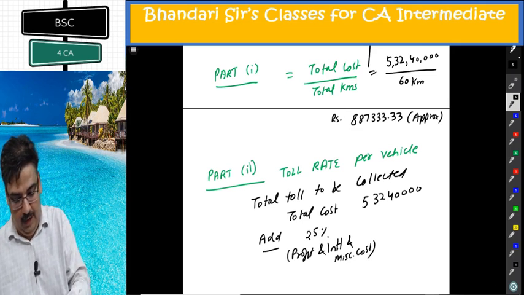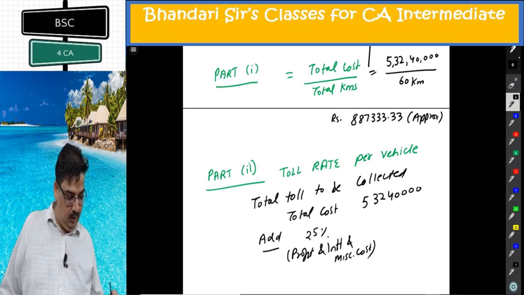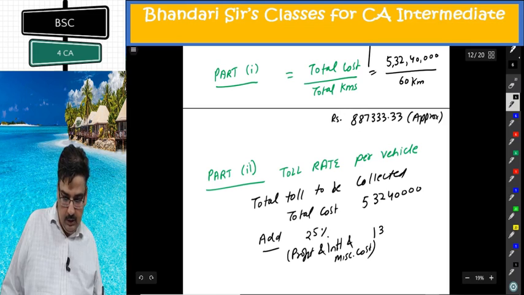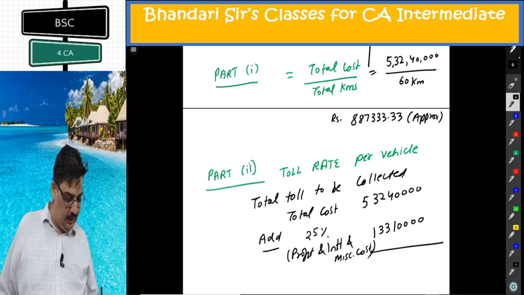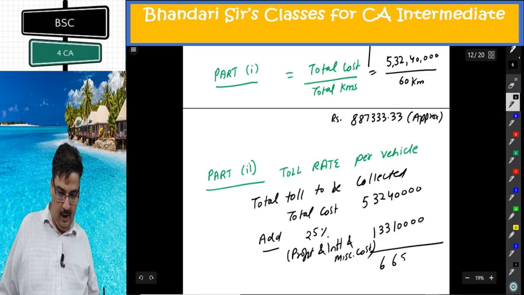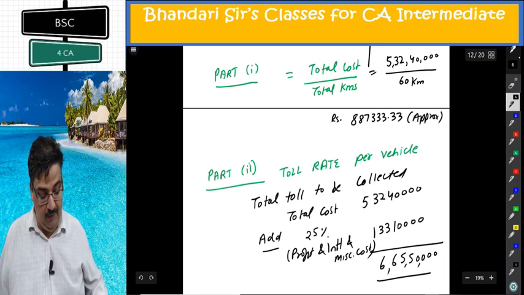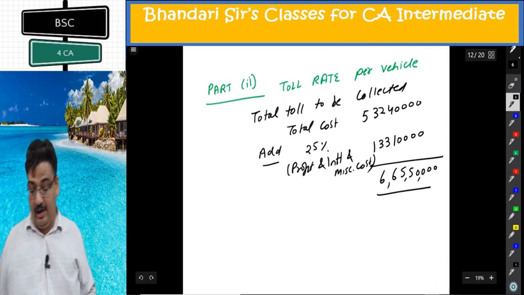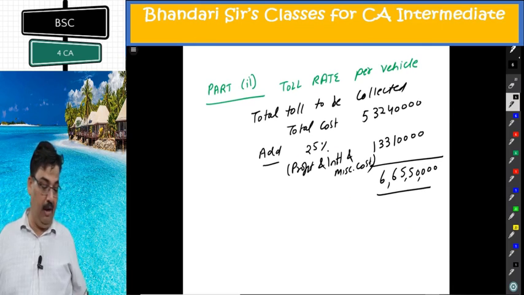So 5 crore 32 lakh 40,000 into 25%, I am getting 1 crore 33 lakh 10,000. I am getting 6 crore 65 lakh 50,000. This is the total that I want to collect. Now if I divide by the number of vehicles, I'll be able to get the toll rate per vehicle.